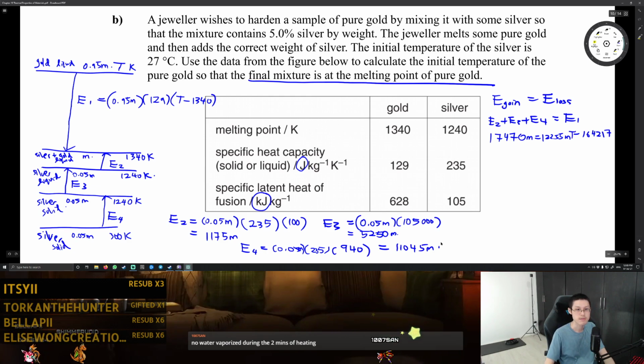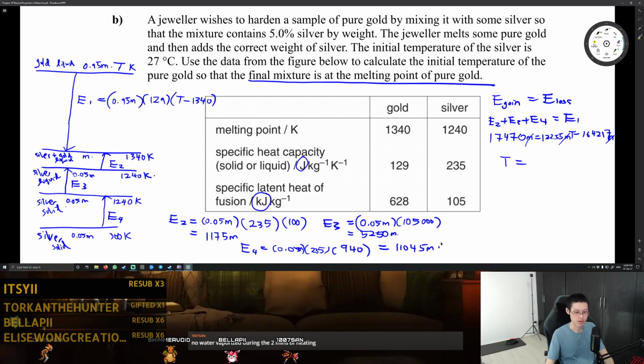There's a T here. There's an M here. Okay, there we go. So now we can get rid of all the M's. And then we can work out what T is.